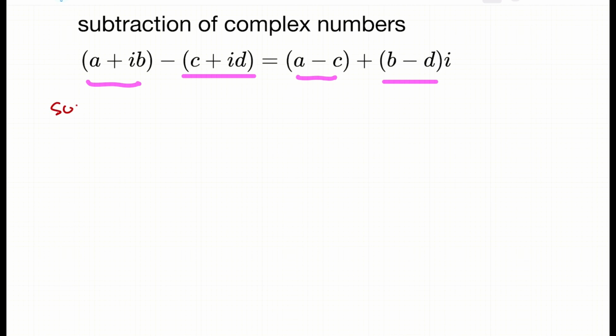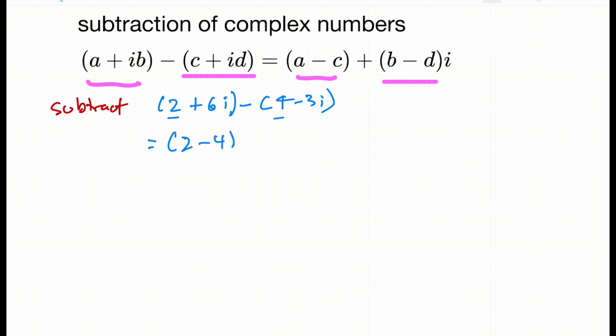So we want to subtract, and we're going to do 2 plus 6i minus 4 minus 3i. So those are the two complex numbers we want to subtract. So now we want to subtract off the real parts, 2 minus 4.